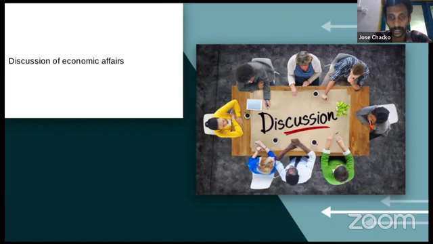So it should cater to the interest of all these learners. Sometimes we cannot satisfy all these four types of learners at the same time, but it must satisfy these four category learners. So that's all.